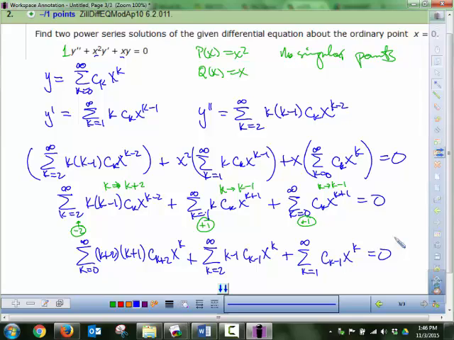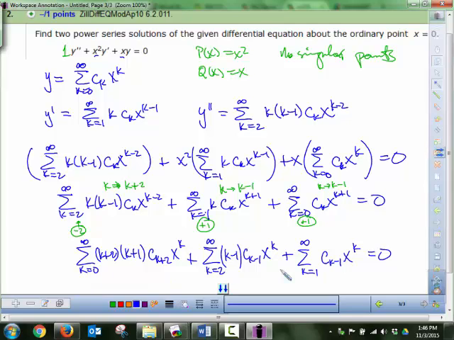Now, we have some bad news here in that we can't combine these things because they have different indices. Last time I had k start with 0, k start with 0, and so I was able to combine them. But now I can't combine them because they're starting from three different points.